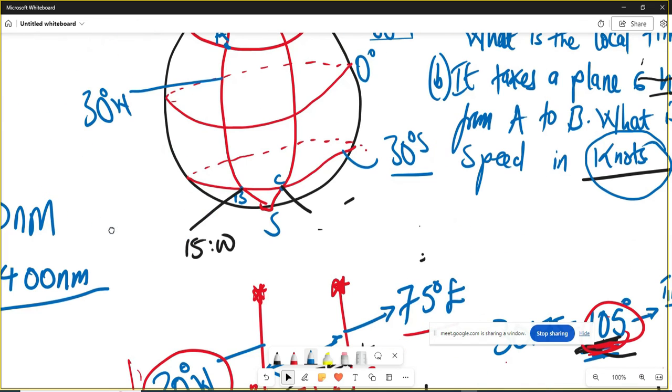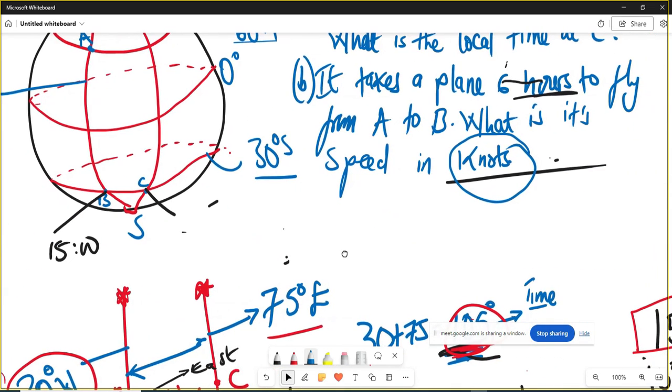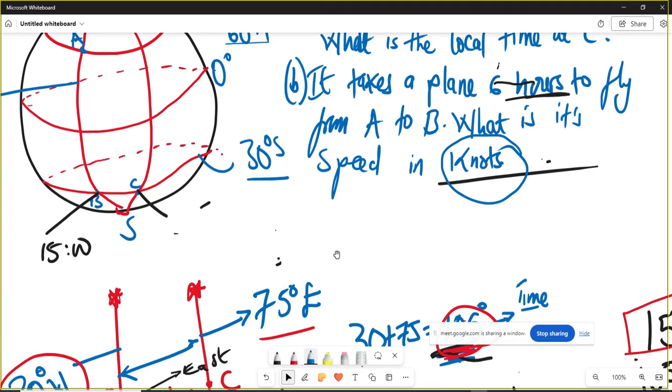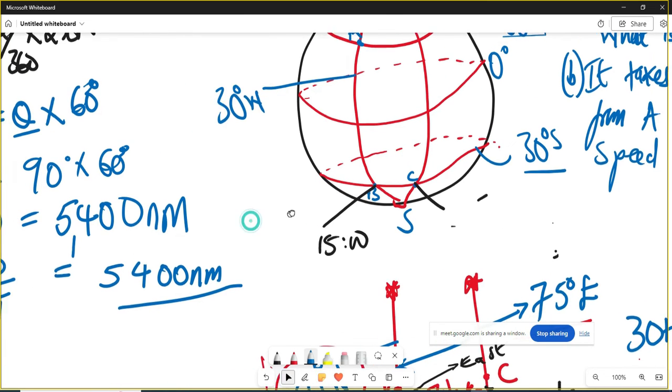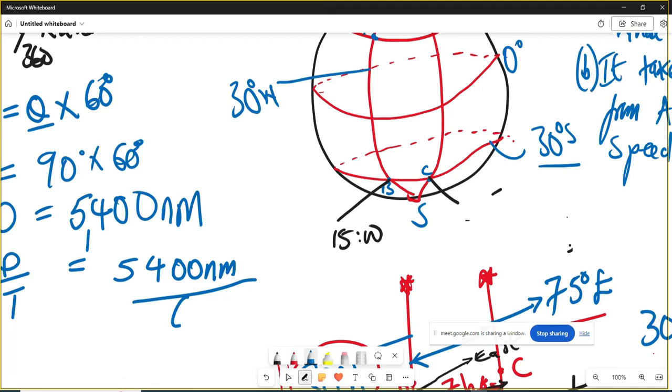If we go back to the question, there's a time taken here. It says it takes a plane 6 hours to fly from A to B. We need to appreciate that. So that means the time taken is 6 hours. So I'll say over 6 hours.